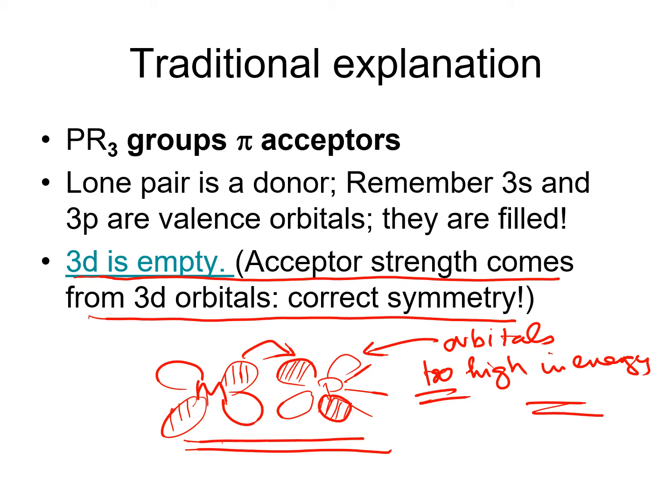But the size of the R group makes a very big contribution to the PR3 angle. In other words, the RPR angle is dependent on the size of the R group.